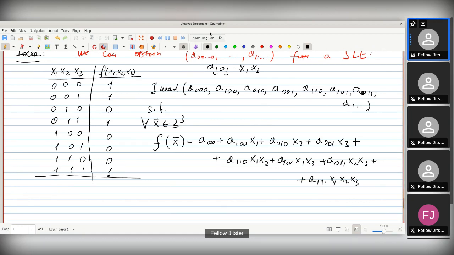I want this to hold for all possible values of x.